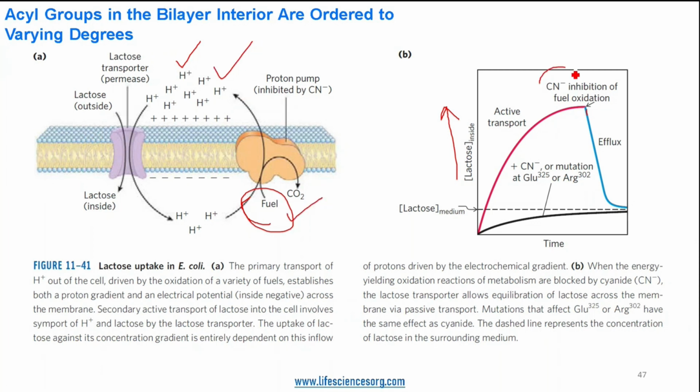So in the presence of cyanide, the lactose inside the cell will keep on falling, though the lactose in the media was enough, because lactose will not enter. In the media, the lactose is at high concentration, so its concentration will not be affected.